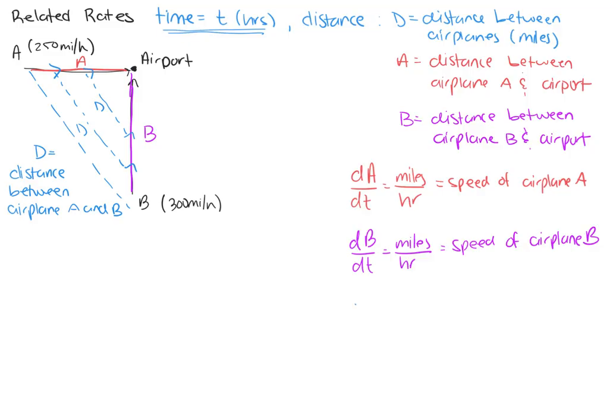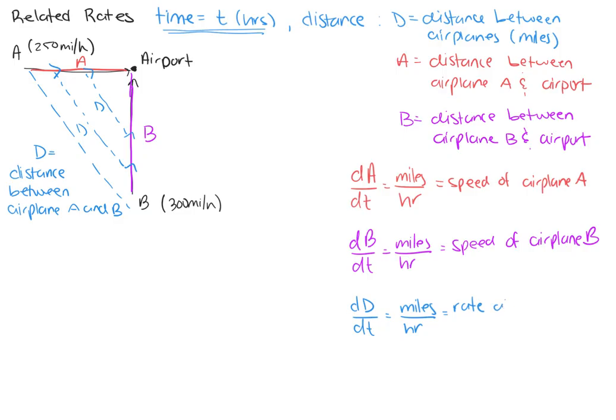We can also take the derivative of distance with respect to time, where distance is measured in miles and time is measured in hours. So you can see there we've got a rate or speed. So here, this would be the rate. I'm changing the wording here from speed to rate, but it means the same thing.